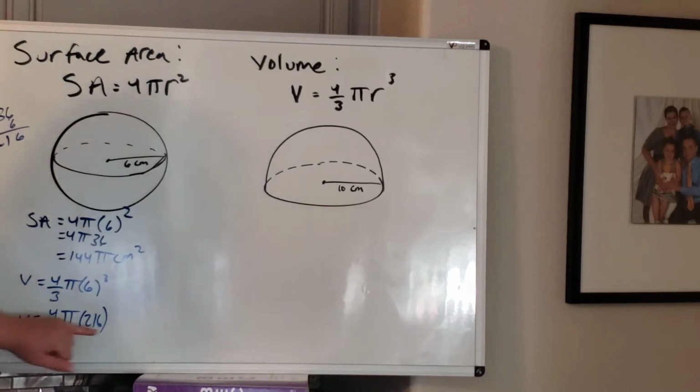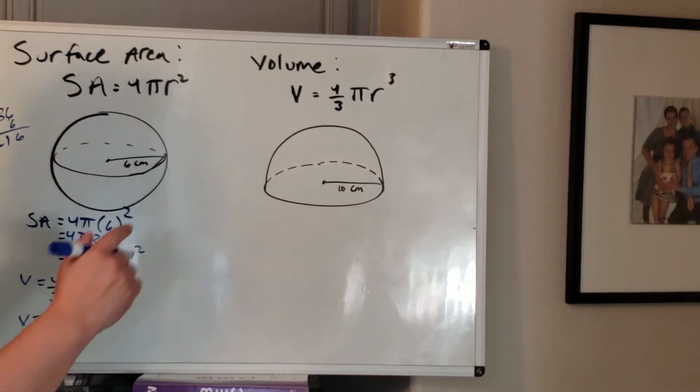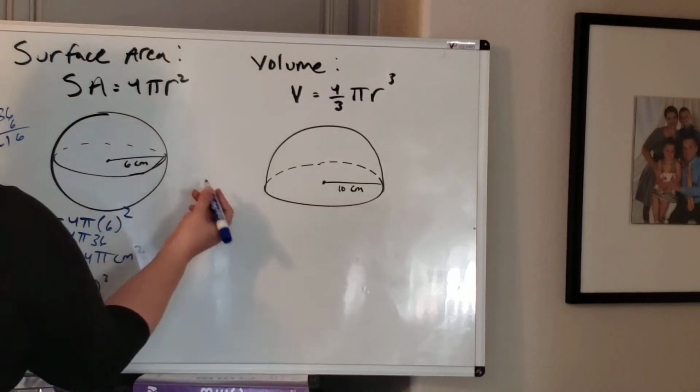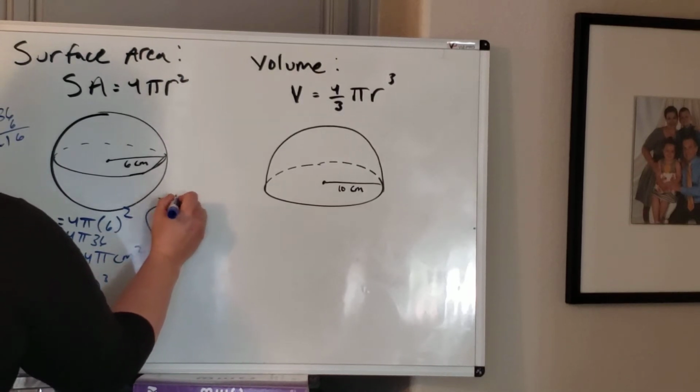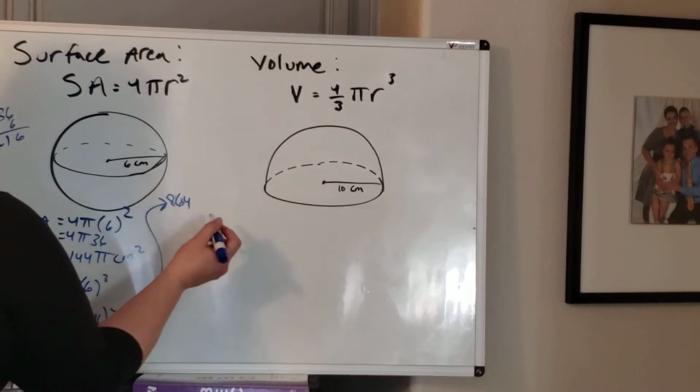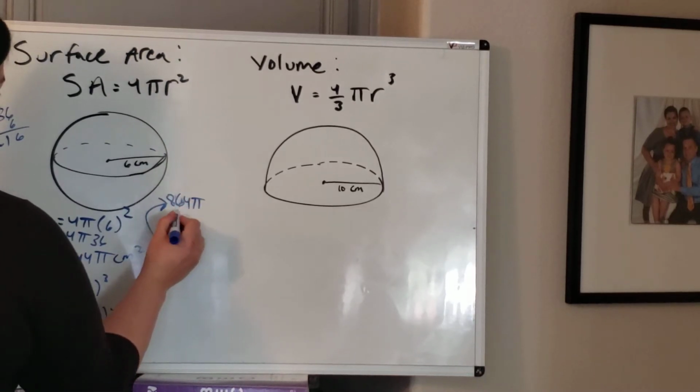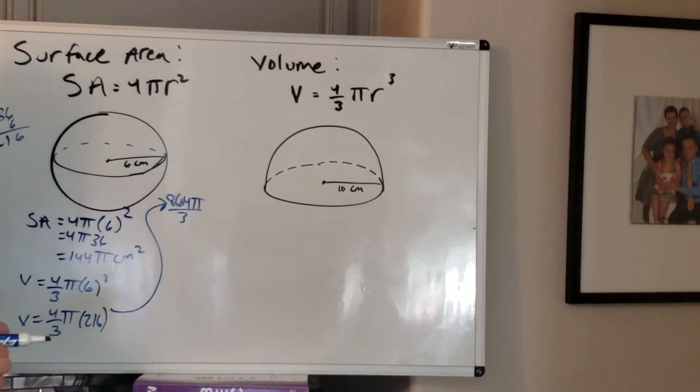Okay, from here we would multiply straight across. So I have 4 times 216, which is going to give me 864 pi, and that's divided by 3. Then take 864 divided by 3.